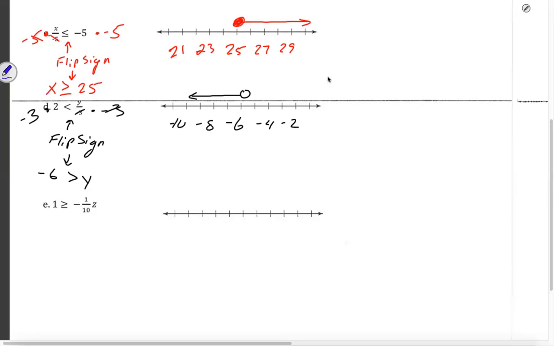All right, John. What do we do here? Multiply both sides by -10. And then I guess you get -10 is less than or equal to z.